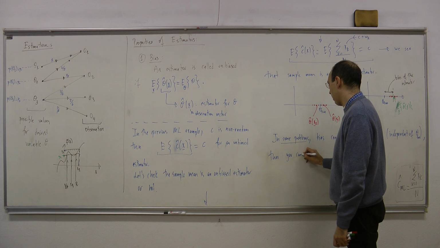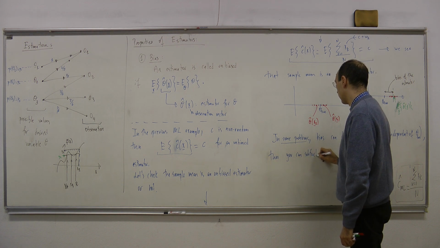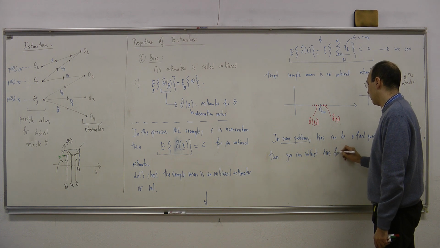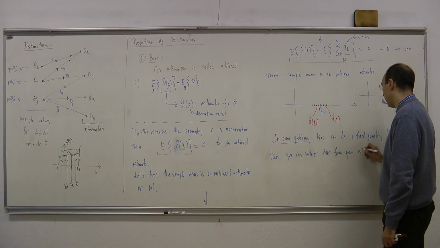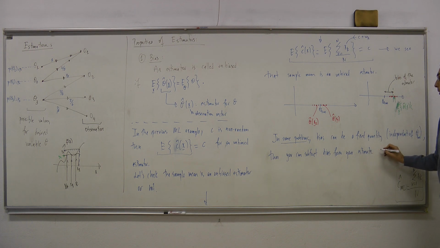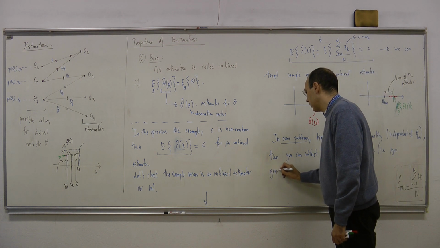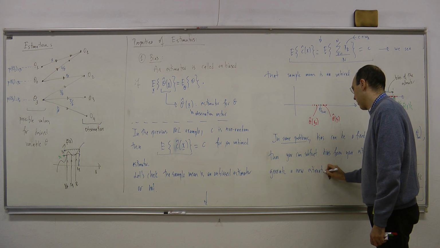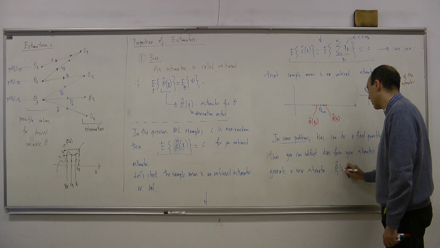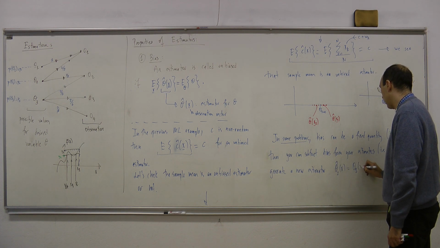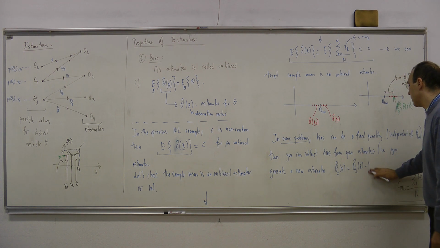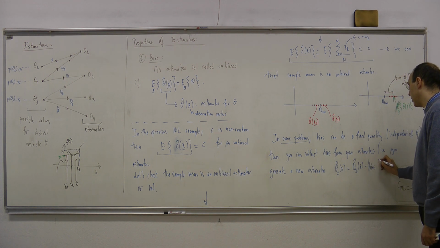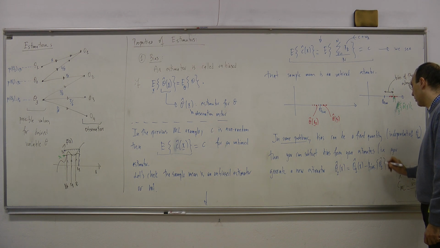you can subtract the bias from your estimates. Essentially, you generate a new estimator, theta hat 2 of x, equal to theta hat 1 of x minus the bias of theta hat 1.